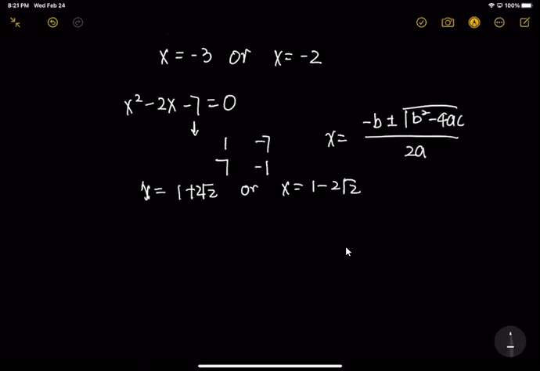Okay, but today I want to introduce you to another method that can also solve this. We don't need to use factoring or the quadratic formula. It's called completing the square.